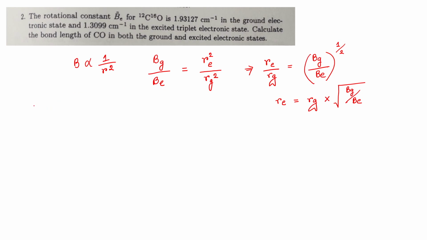Let me write all the terms here. What is BG? Rotational constant of the ground state. BE is rotational constant of the triplet state.